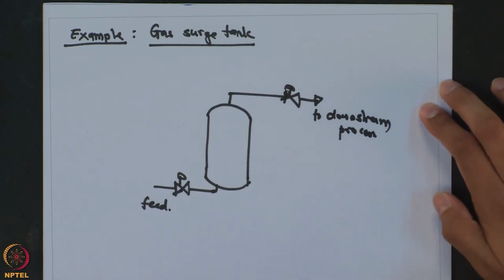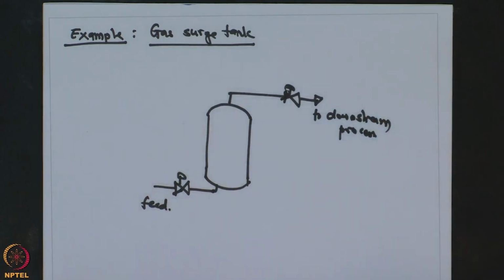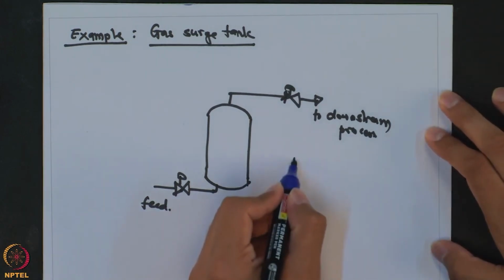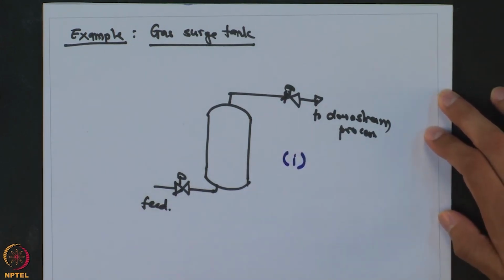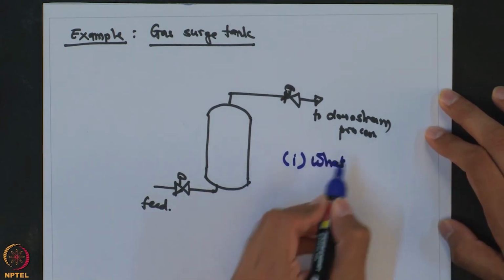Let us say this is a very simple system which we have to consider, and how do we go about designing a feedback control system? We will see what sort of questions we need to ask. The first, fundamental question we have to ask is, what needs to be controlled?